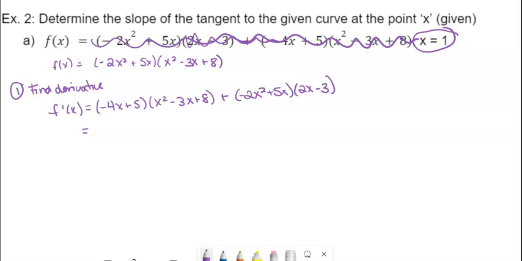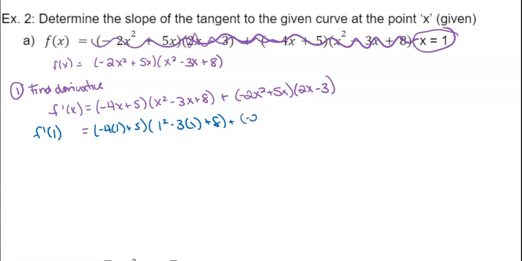No, actually, I'm going to plug this in. Now that makes more sense. I don't need to simplify it because I might as well just plug in my 1. I'm just putting 1 in for all of my x spots. And now I'm just going to solve.